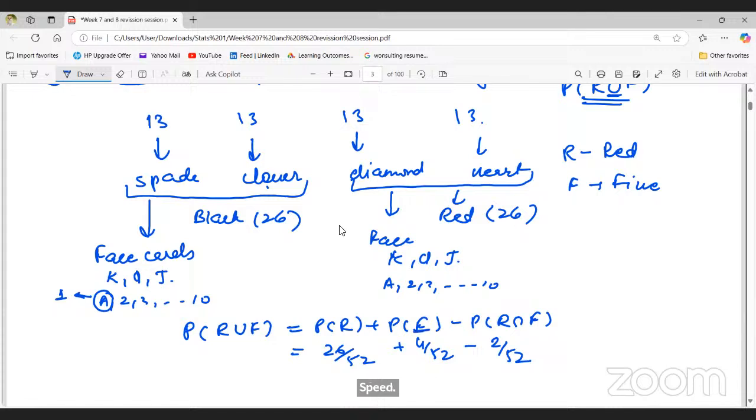See, we have four types of cards, right? In each of the four shapes of cards, we have numbers 1, 2, 3, 4, till 10.